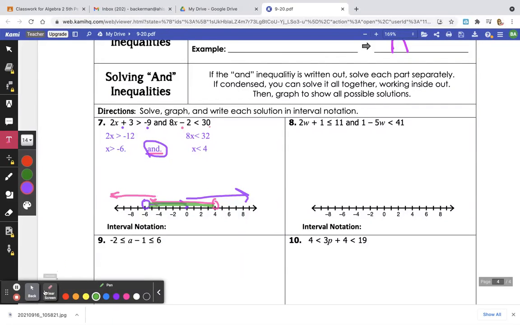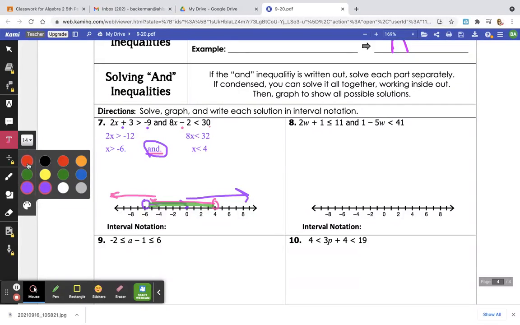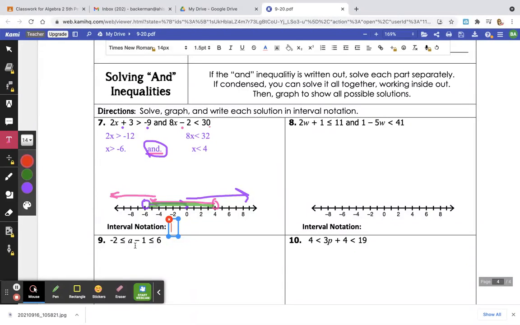Okay? So the way we're going to write this in interval notation is the 2 endpoints, right? And so our endpoint here is negative 6. It is not included, so it is a parenthesis, negative 6, comma, and then our other endpoint is 4, and that is also not included.